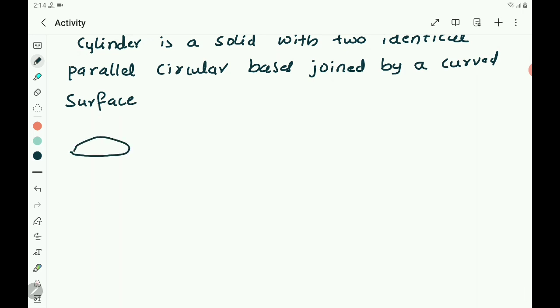If you want to draw two circular bases. So cylinder is having two circular bases. They are the flat surfaces and one curved surface. That is, the lateral surface is the curved surface.